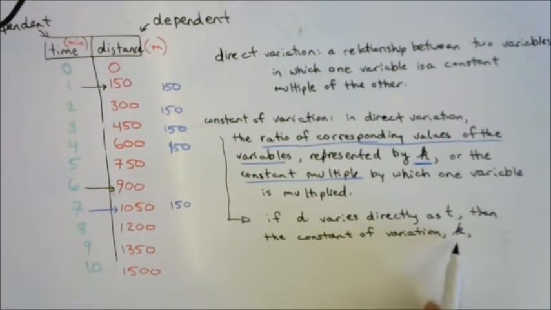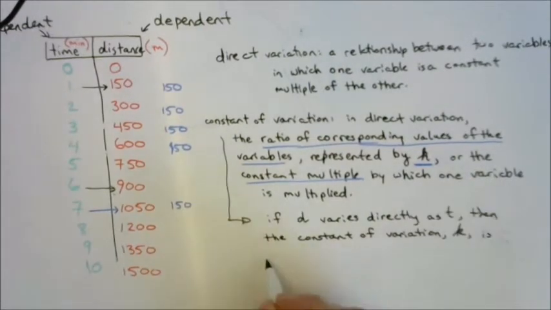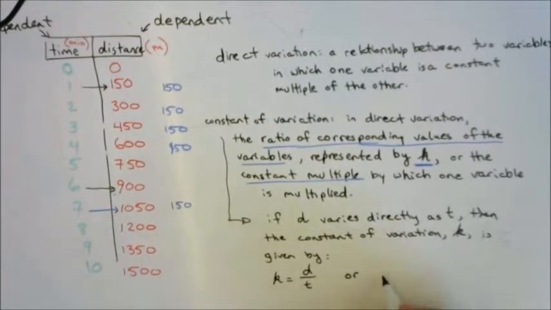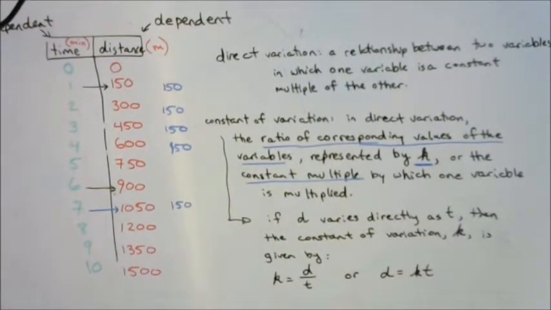K is the letter or the variable that we use to represent the constant of variation.